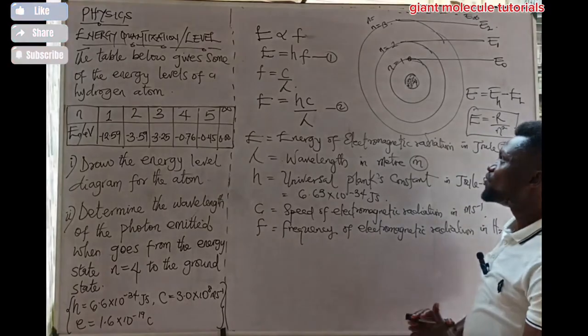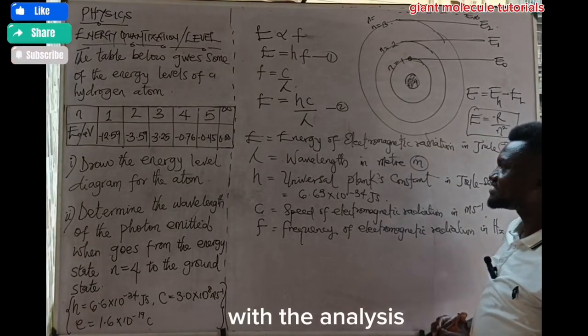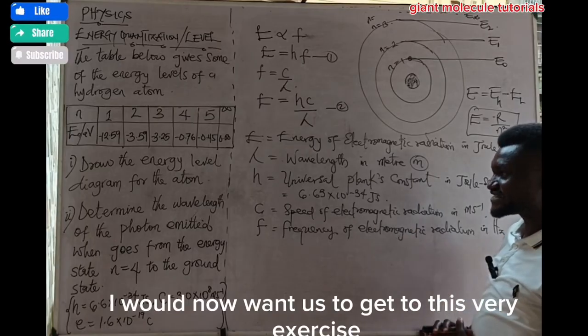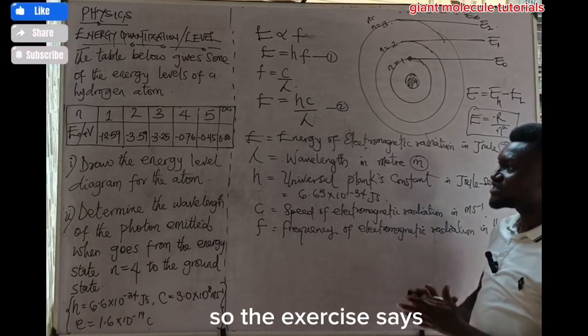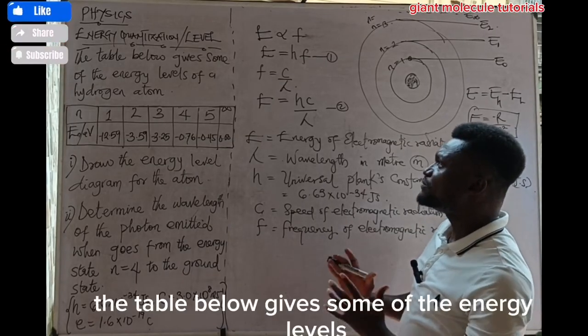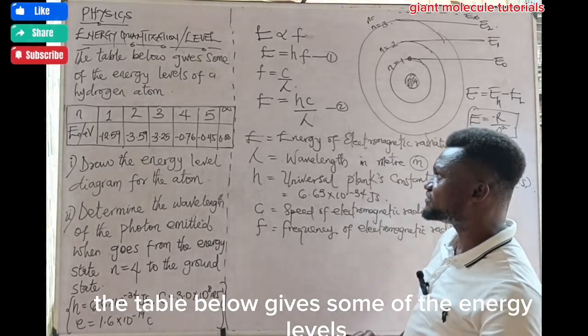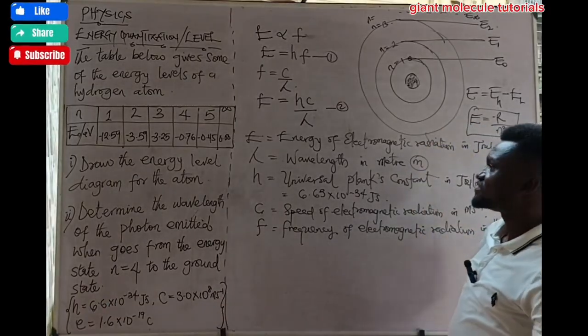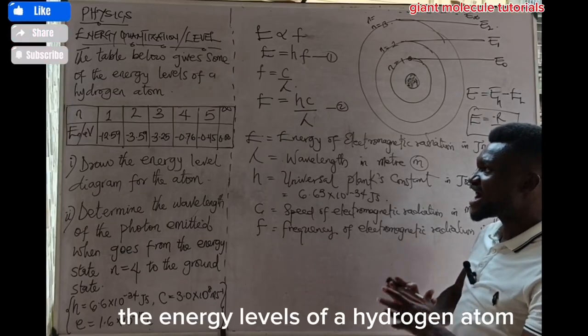Okay, with the analysis, I would now want us to get to this exercise. So the exercise says, the table below gives some of the energy levels of a hydrogen atom.